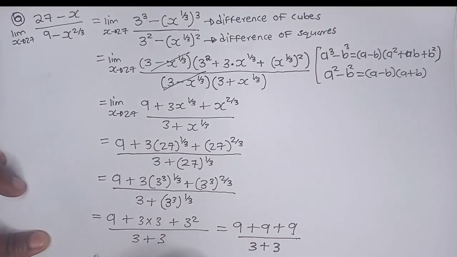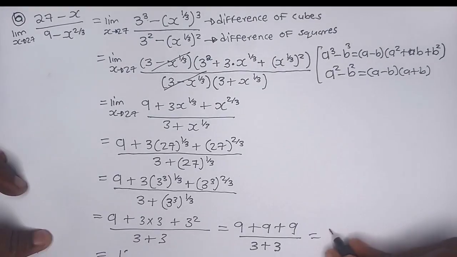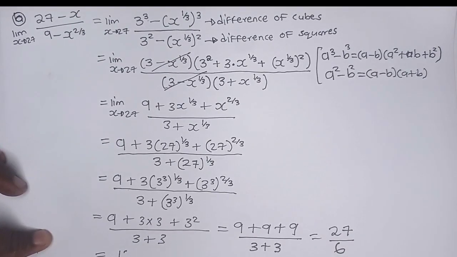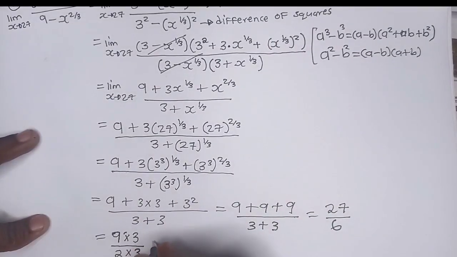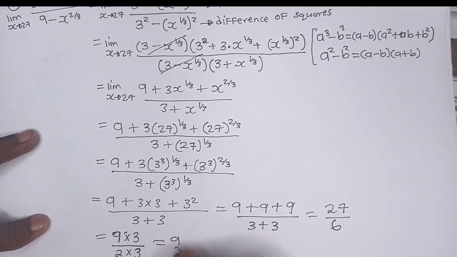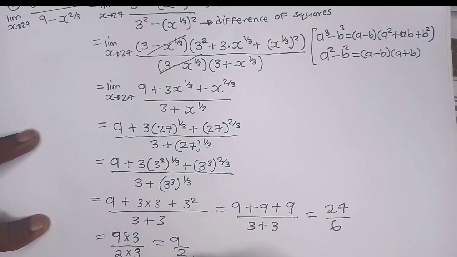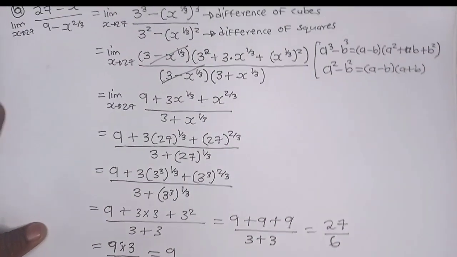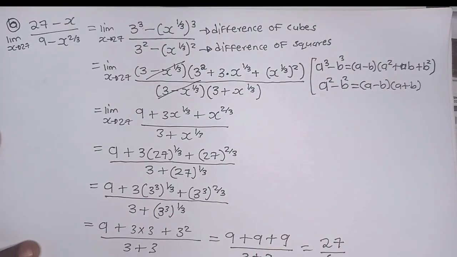So proceeding on, I'm having 27 divided by 6, which is 9 over 2, and that's our limit answer to the problem that we're solving.